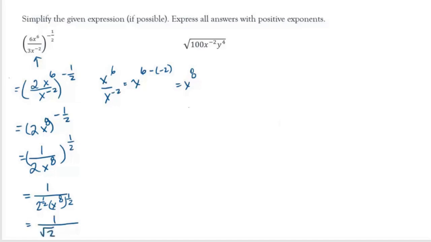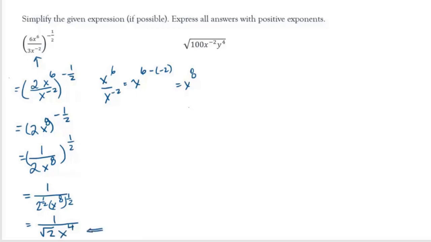Either is fine. I tend to prefer writing it as the square root of 2. I find that a little bit tidier. But because we can't evaluate it and get an exact answer, I'm going to leave that square root in the solution. We can resolve x to the power of 8 to the power of 1/2 by taking the 8 and multiplying it by 1/2, and that gives us x to the power of 4.